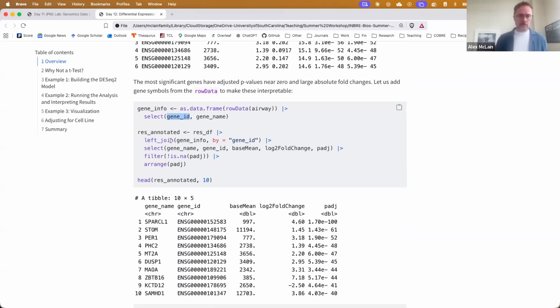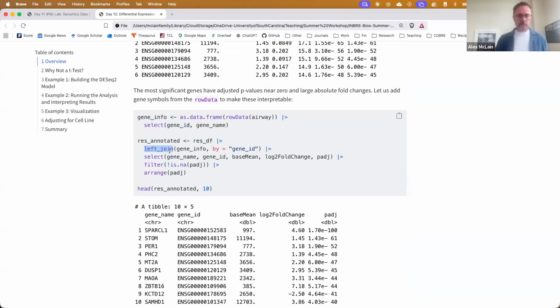So using this left join, this is what we talked about in week 1. I'm taking the results and I'm joining the gene information to those results by gene ID. So I'm just merging them. Even if the ordering of the results is different than the ordering of the gene info, we're okay.